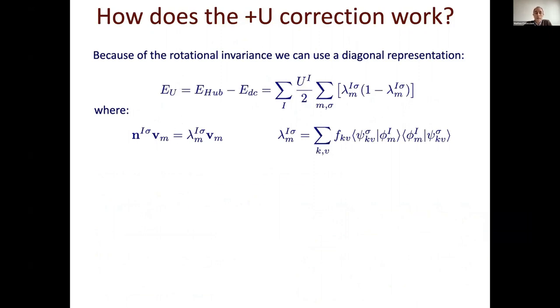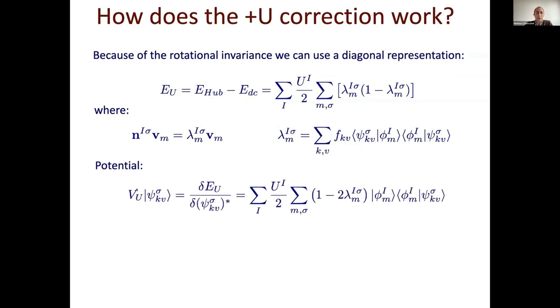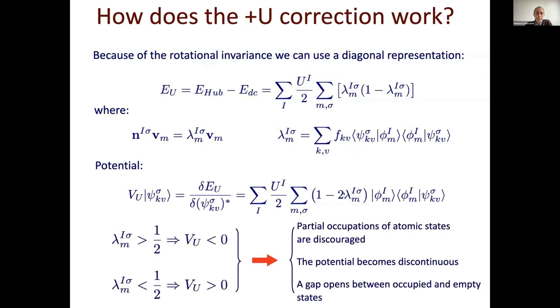So if we construct the way the Hubbard piece of the potential acts on the Kohn-Sham states, which we can compute as a functional derivative of E_U with respect to psi star, you get something like this. So it's a simple derivative with respect to lambda, and then the derivative of lambda with respect to psi star. And you see immediately that if lambda exceeds half occupation, so if the state is more than half occupied, the potential is attractive and favors further occupation of that state.